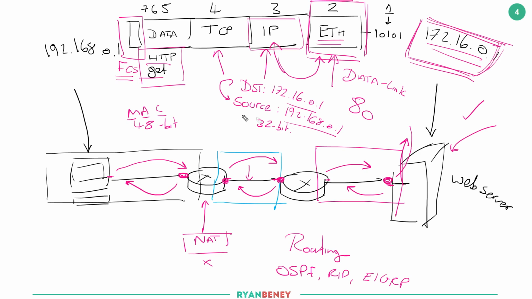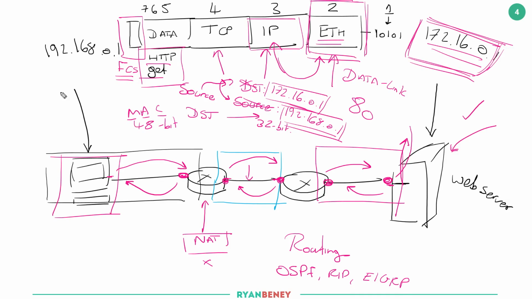But instead of 172.16.0.1 being the destination, because it's going back, this will now be the source, and the source will become the destination, and each router will receive it in, take the Ethernet header off, know how to get back to 192.168.0.1 out this way, and continue forth until the response arrives at the originating host.